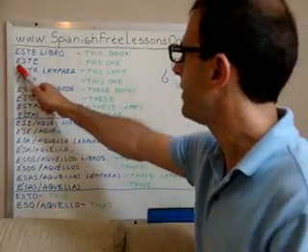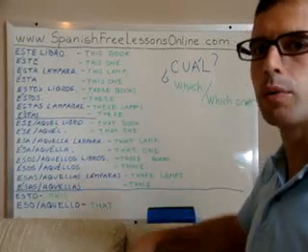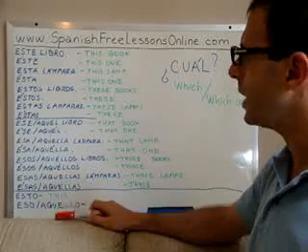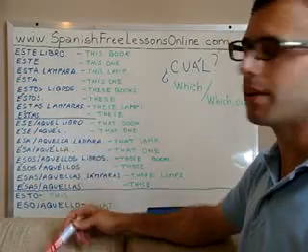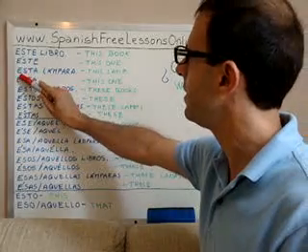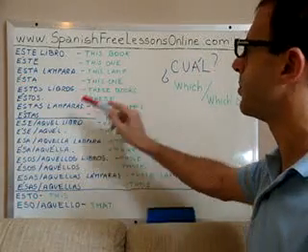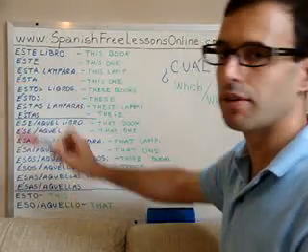So, esta lámpara, this lamp. ¿Cuál? Which one? Ésta, this one. Again, pay attention how ésta, this one, has a tilde here, the line. When you say this lamp, this something, esta lámpara, it doesn't have a tilde.